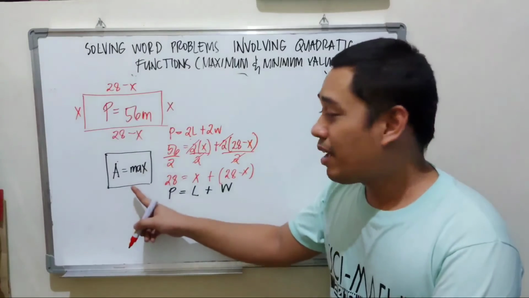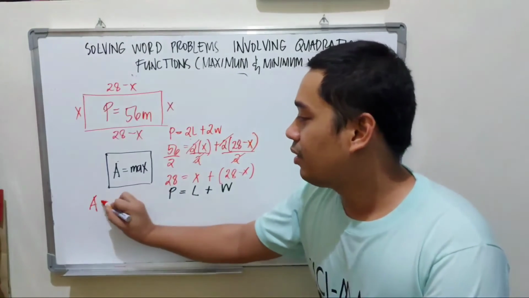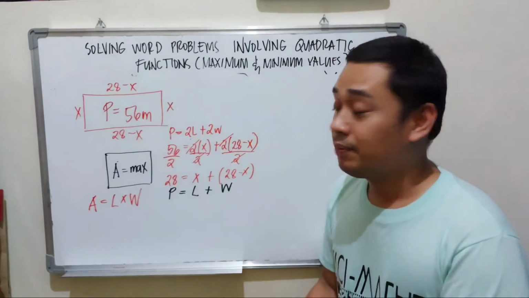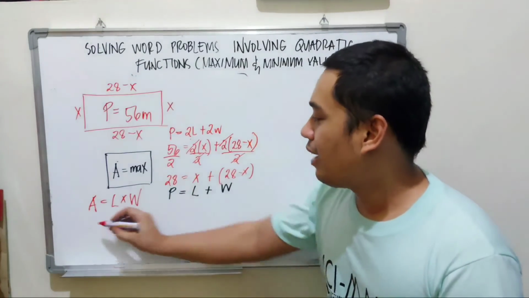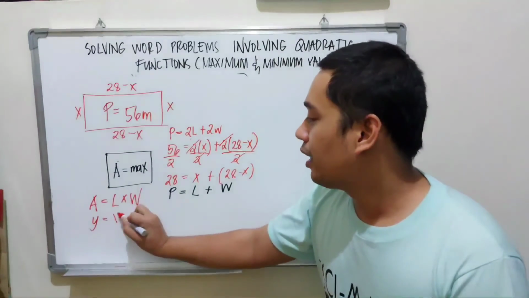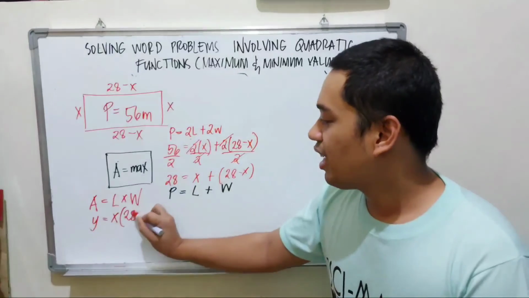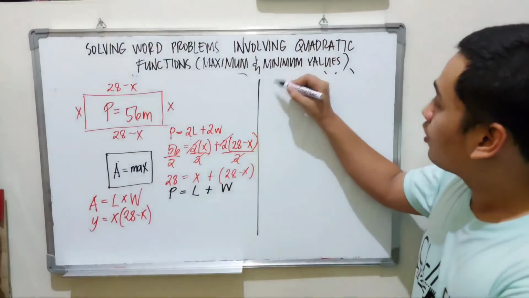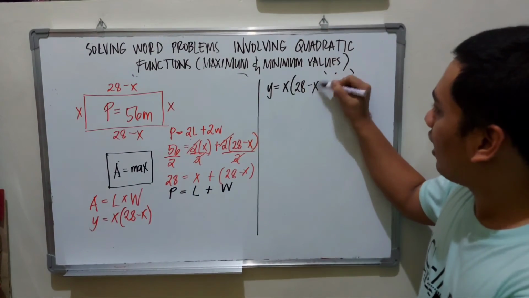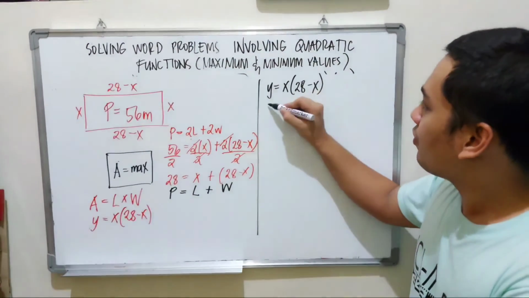Next, to get the maximum values of the area, we can have length times width. Tama po ba? And so, we will have the maximum area y is equal to x times 28 minus x. So we have y is equal to x times 28 minus x. Distribute mo lang yung value ng x.